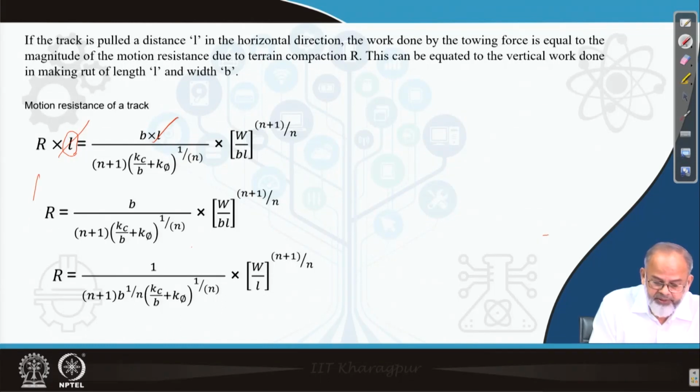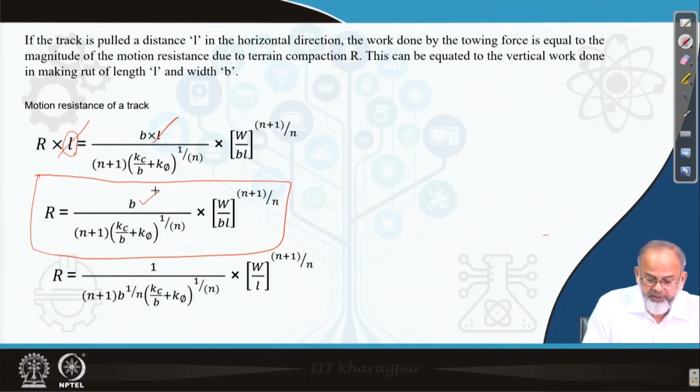So finally you will get an expression: rolling resistance is a function of section width B, that means width of the contact area, that is the track width, and W, the weight coming. It is a function of soil, that is Kc, modulus of sinkage, exponent of sinkage. Okay, this much. Now if I take B out of this bracket, then finally this is the expression.